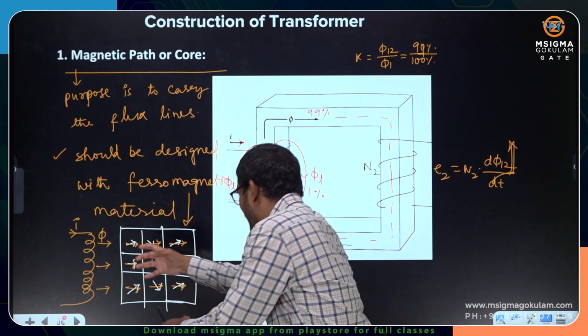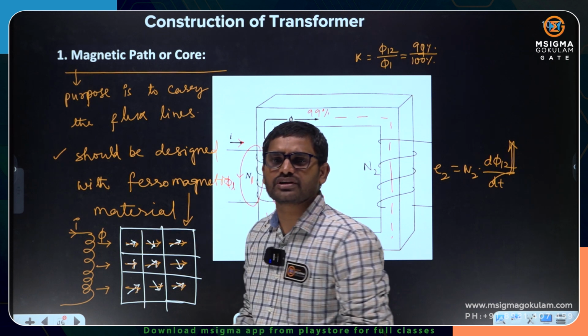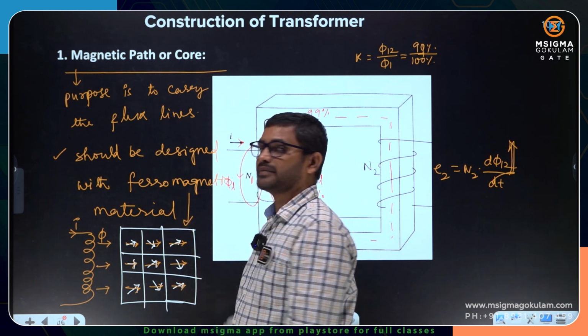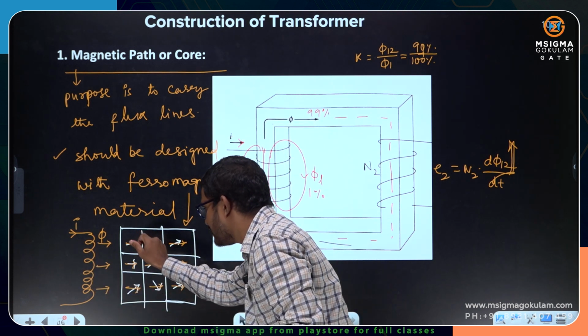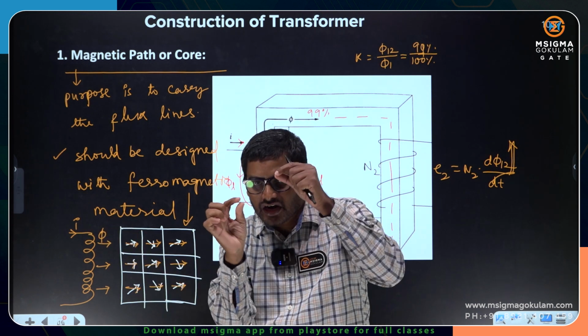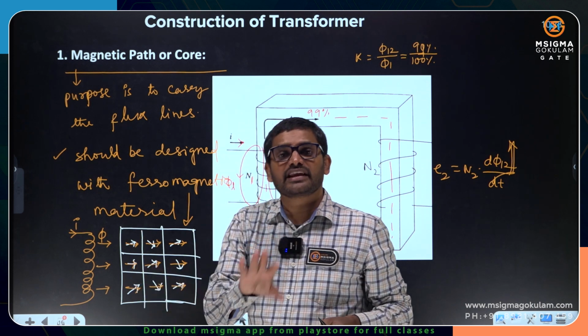Now, to magnetize the core completely, the energy demanded by this core is going to be very, very low, because it is a ferromagnetic material. The dipoles are oriented according to the external magnetic field direction, and the energy consumption by this material to change their orientation is very small.